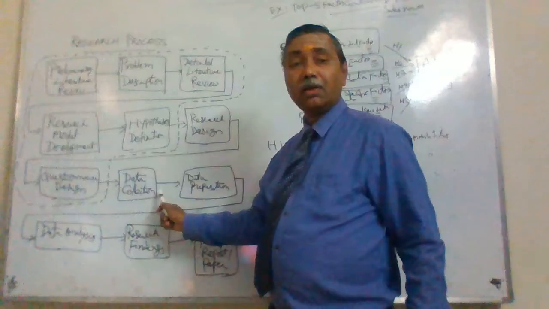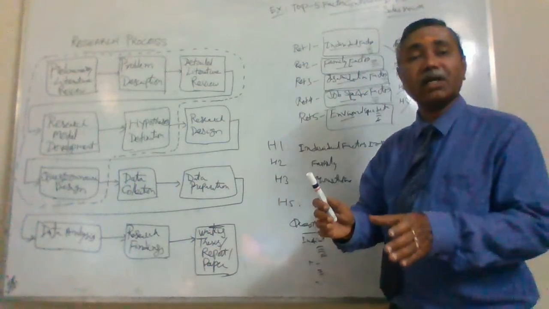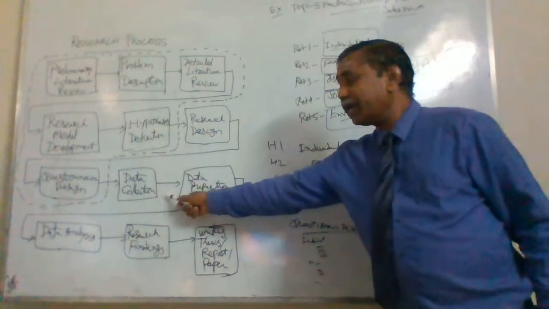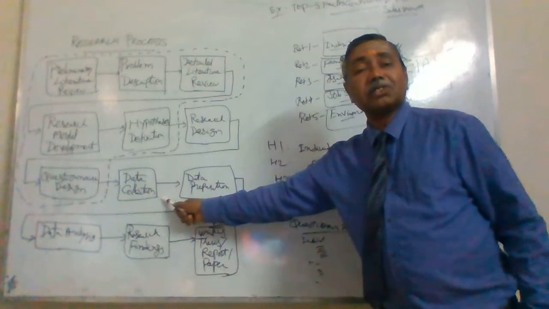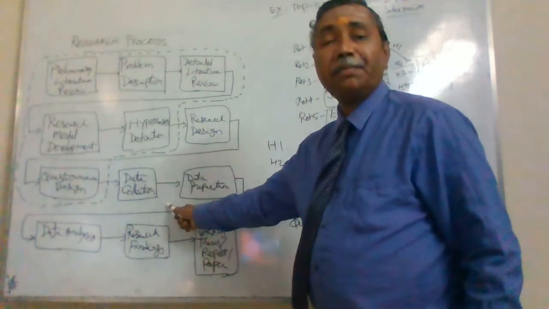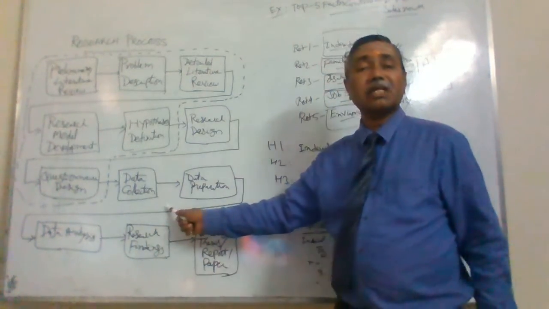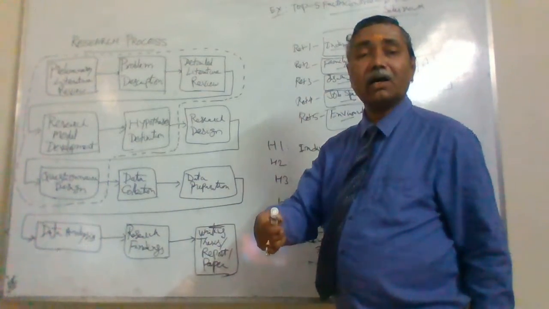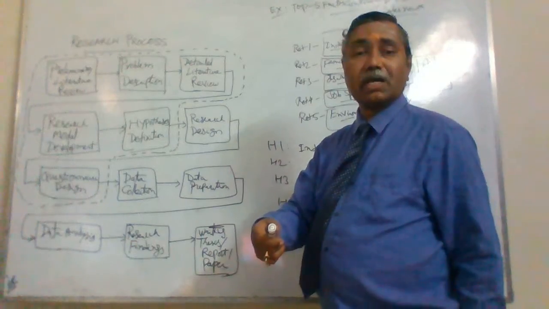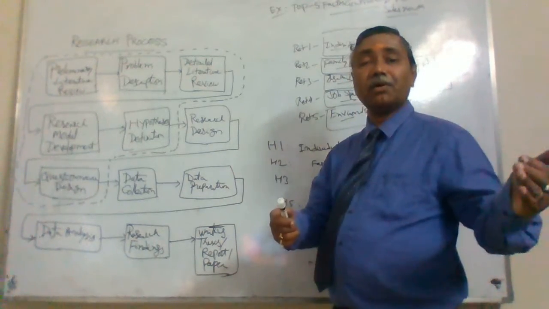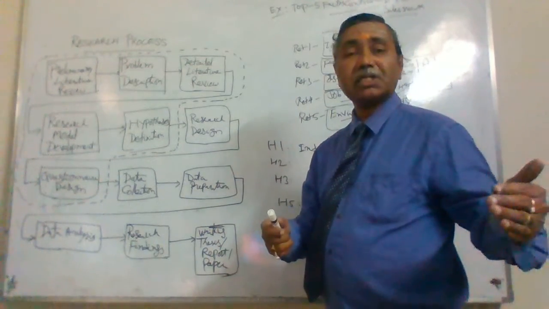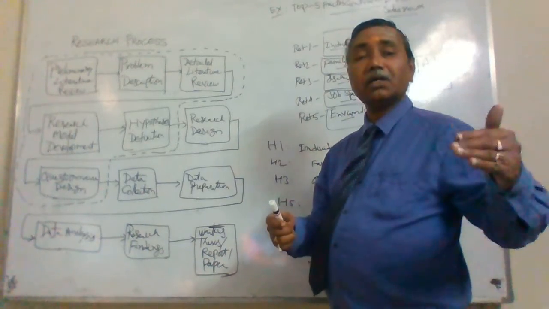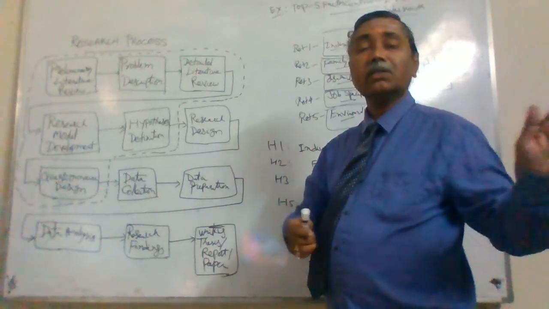Next, data collection. From the sample we identified, collect the data by administering the questionnaire. Administering the questionnaire means what? For example, this is one way to collect data. Online. For example, you are taking one online session, then give the questionnaire link to people.